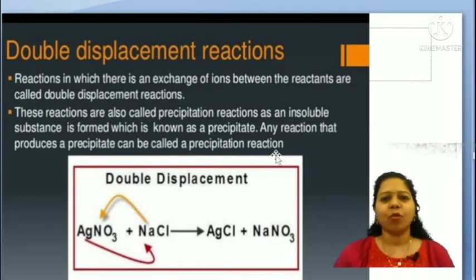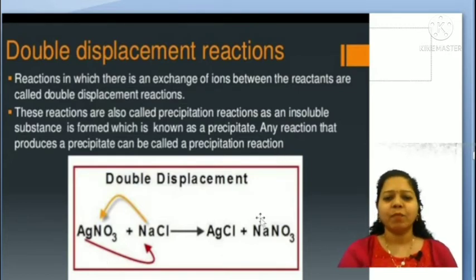Now in this reaction what happens? The ions change their position to form a precipitate. Precipitate means the formation of a solid substance, and in this reaction a precipitate is formed. That's why the double displacement reaction is also called a precipitation reaction. We'll see with an example: in a double displacement reaction, silver nitrate reacts with sodium chloride.